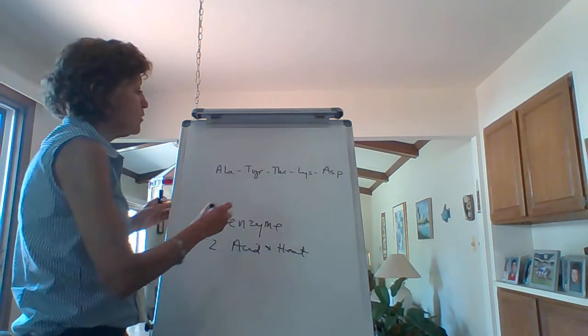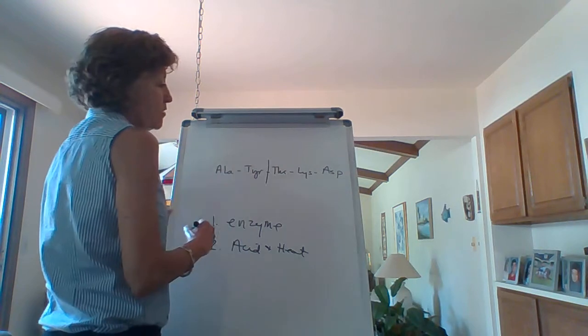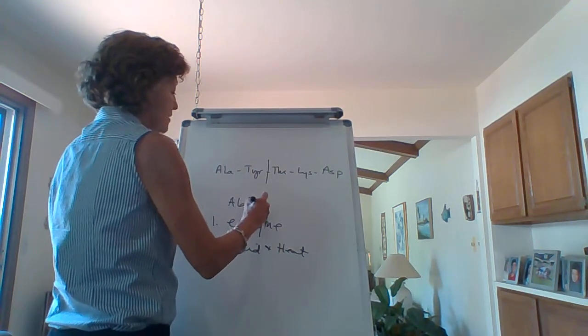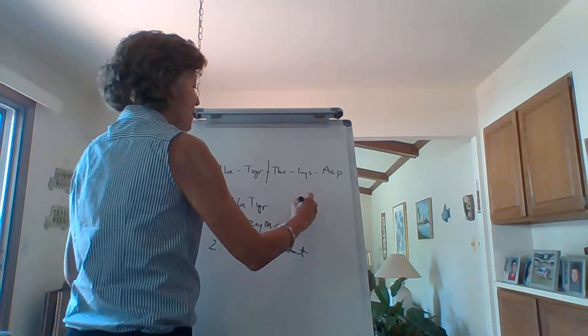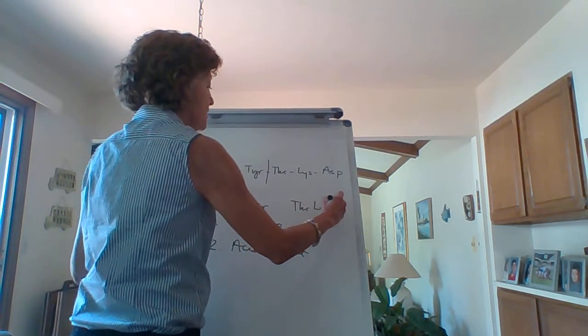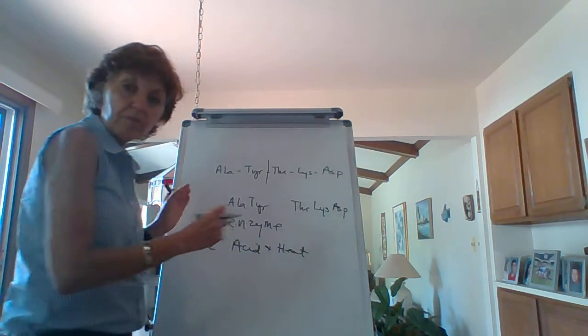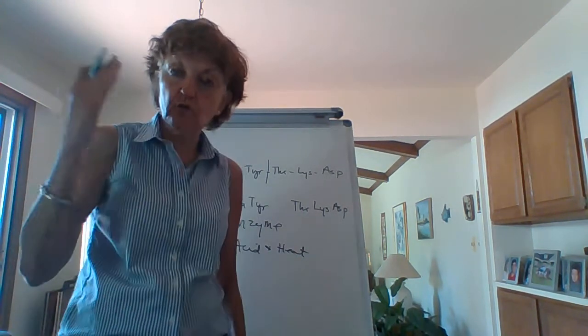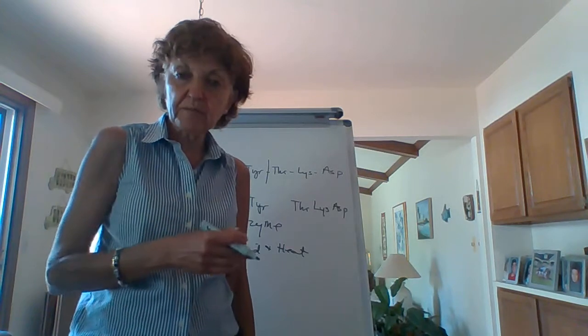So for example, you could maybe chop it up right here. And then you would have an alanine tyrosine dipeptide, and you'd have a threonine lysine aspartic acid tripeptide. So it depends on where the enzyme is going to break peptide bonds.